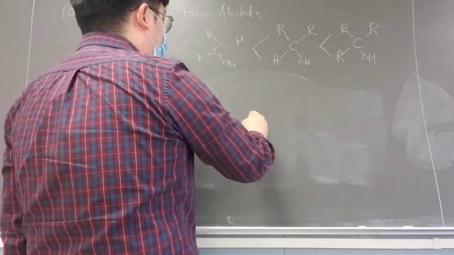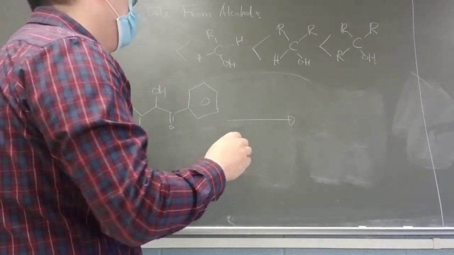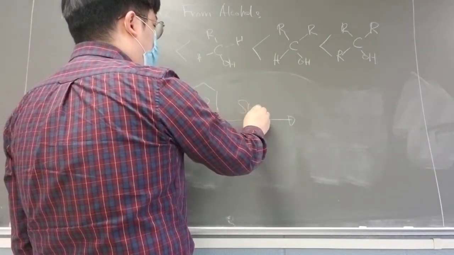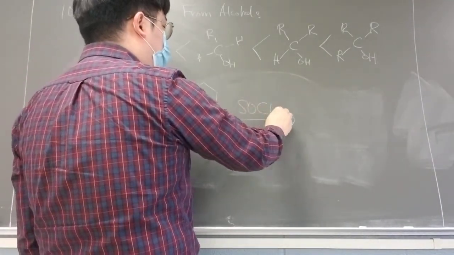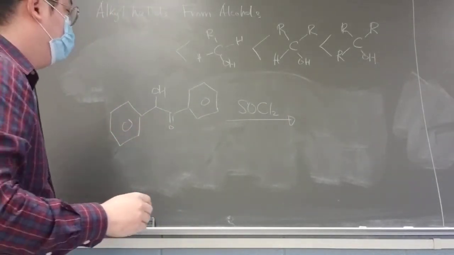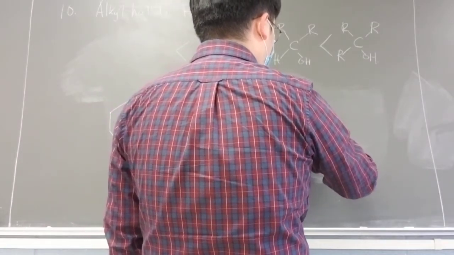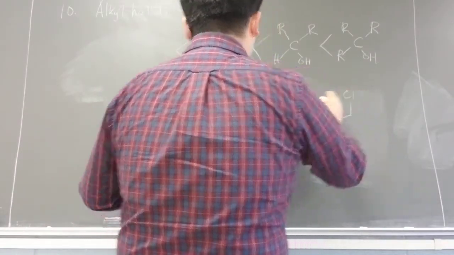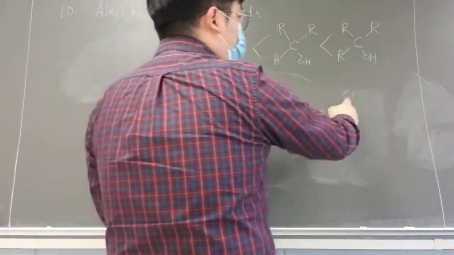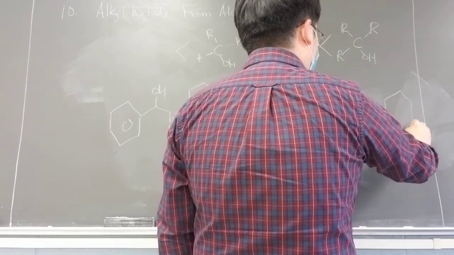So in this case, there's an alternative way to do this. We can use thionyl chloride, something like this one. They can do the same here. If you treat this one here, you can have this. So once again, this is replaced by halogen too.